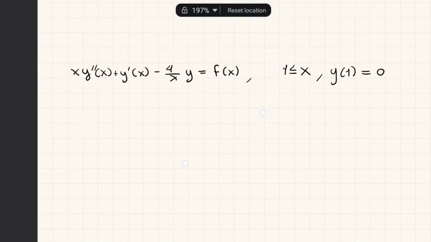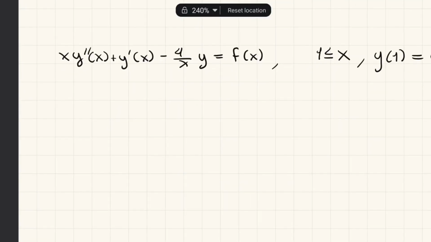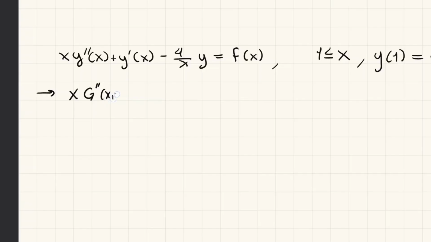Well, we know that the first step is to find the associated differential equation for the green function of this problem. It is easy to find. We have seen in recent lessons that we can find that differential equation in this form: x times the second derivative of the green function, plus the first derivative of the green function, minus 4 divided by x times the green function, is equal to the Dirac delta.